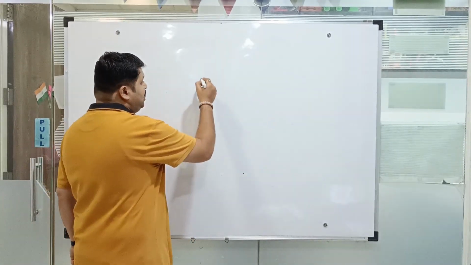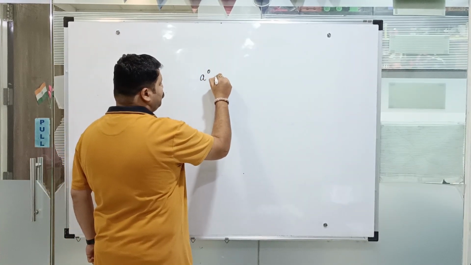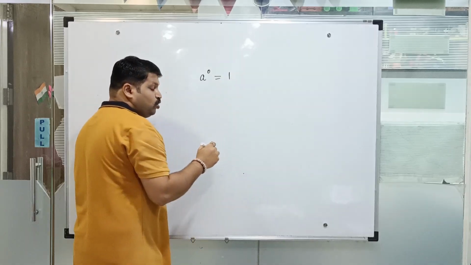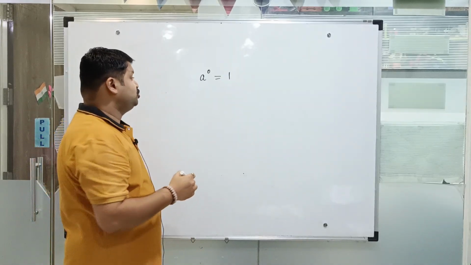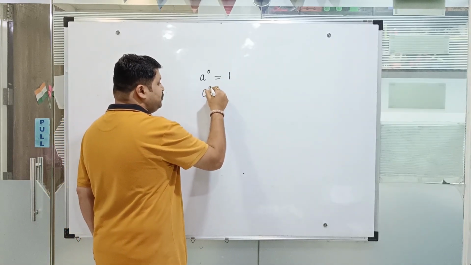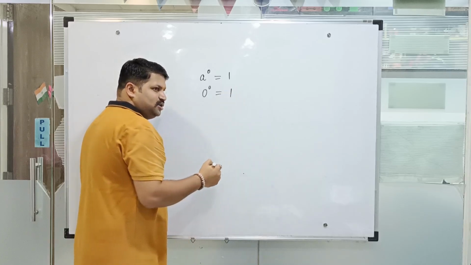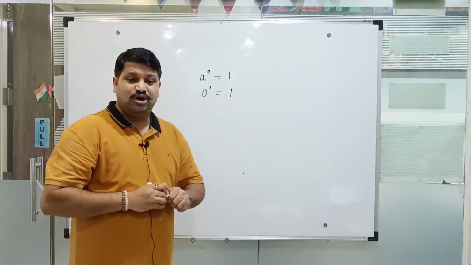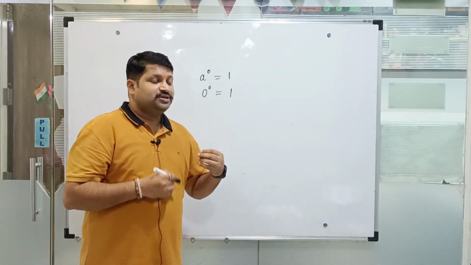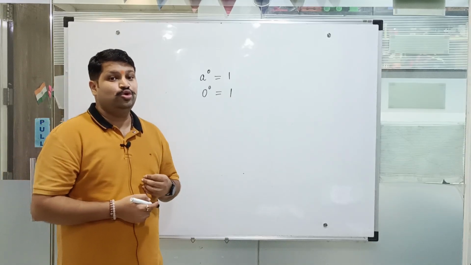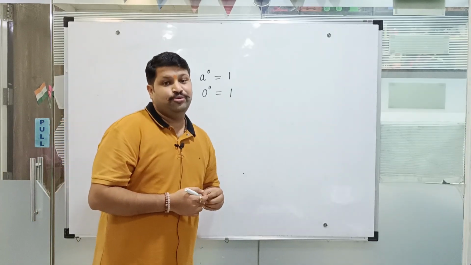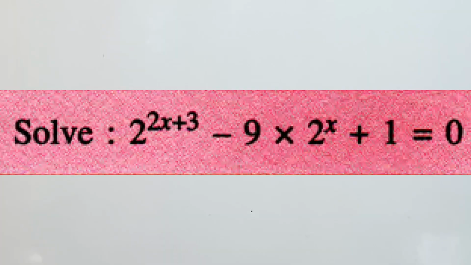So any number a to the power of 0 is always going to be equal to 1. Even if it is 0 to the power of 0, then it is equal to 1. Now this is the only scenario where a 0 can be equal to 1 or any other number would be equal to 1.